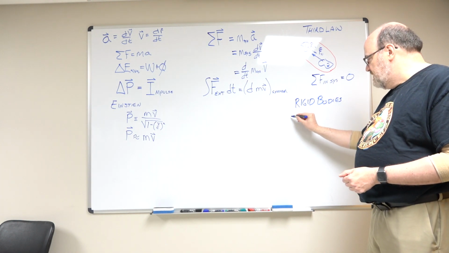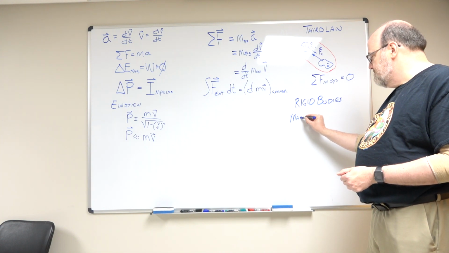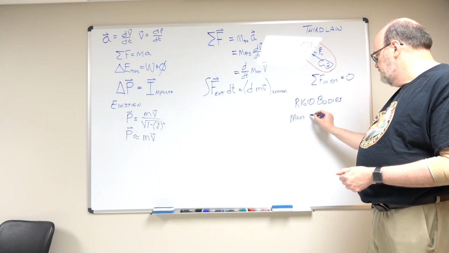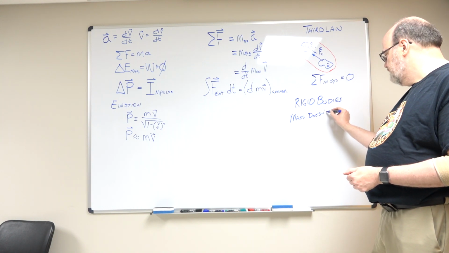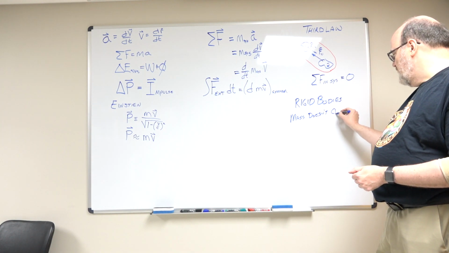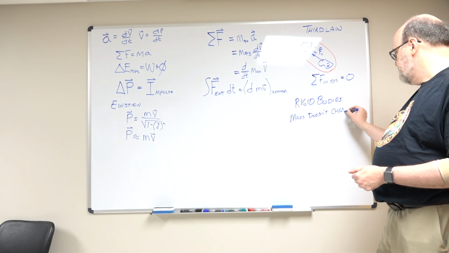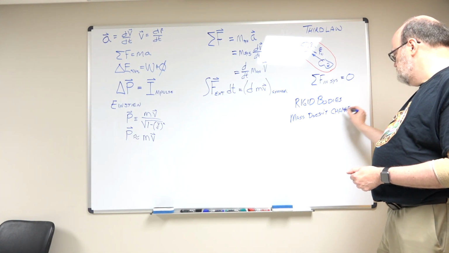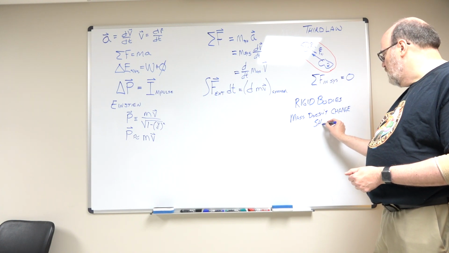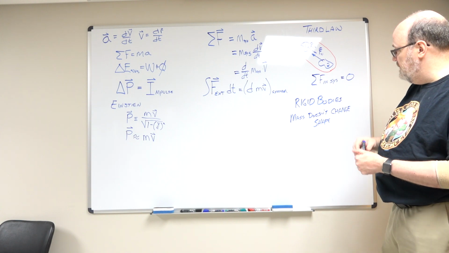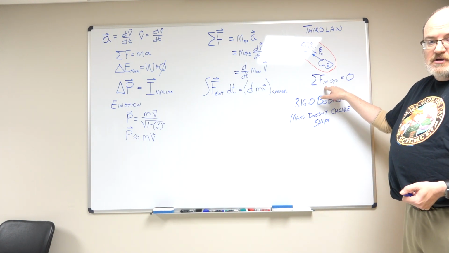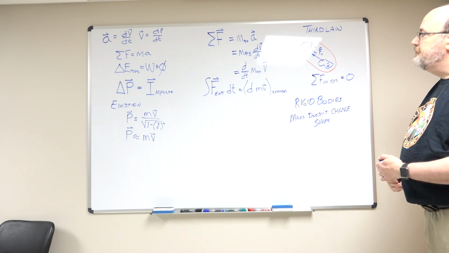But that just says that the mass doesn't change shape much, so that I can always make the approximation that the internal forces are going to be equal to 0.